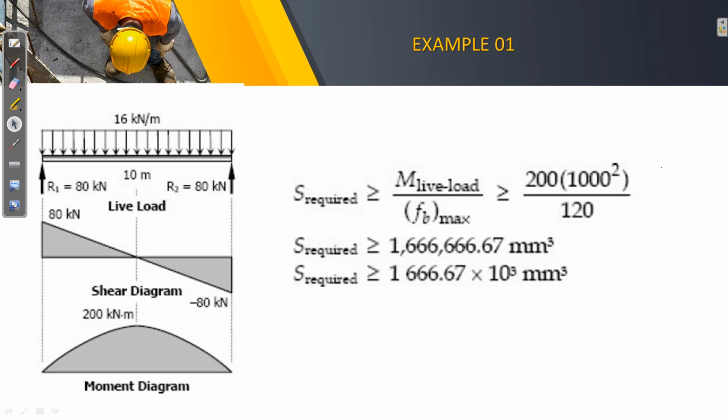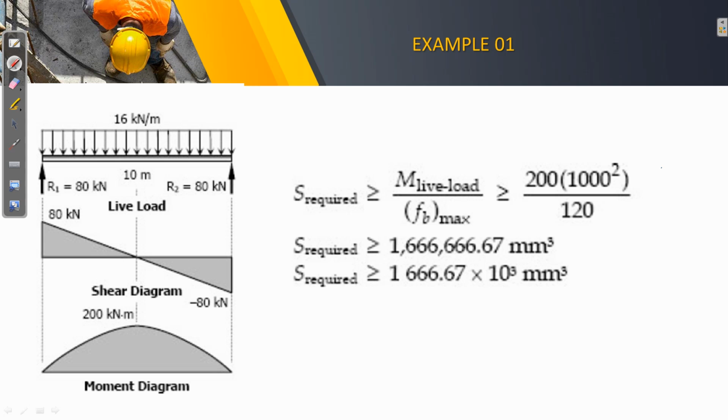So the first thing to do is to determine the maximum moment of this beam if it would carry the 16 kilonewton per meter uniform load as a live load. Okay. So actually, if we have a simply supported beam, we do not have to do the shear and moment diagram because we have a popular formula for the maximum moment.